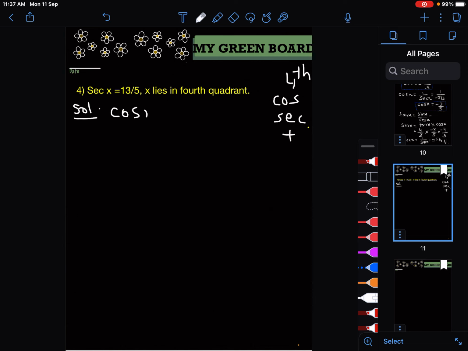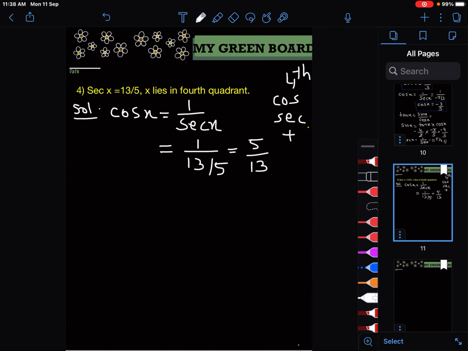So cos x will be 1 by secant, which is equal to 1 by 13 by 5, which is equal to 5 by 13. Okay, value of cos x is 5 by 13.